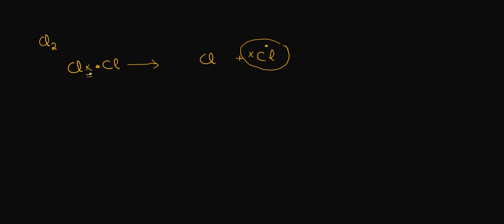A free radical is denoted by putting a dot over the chemical species. Now it represents a free radical.